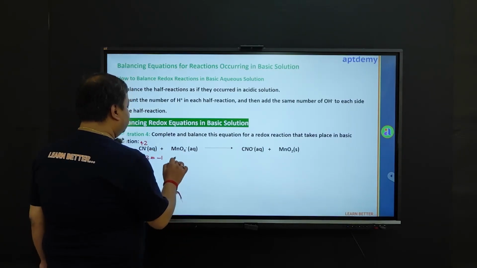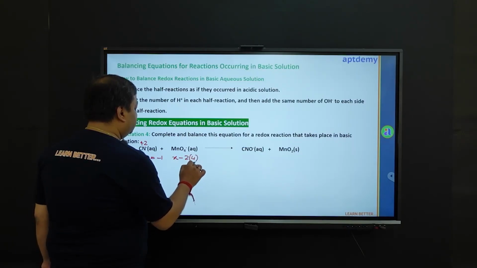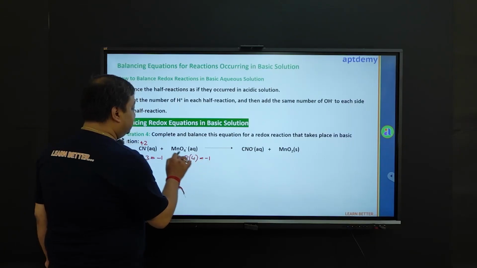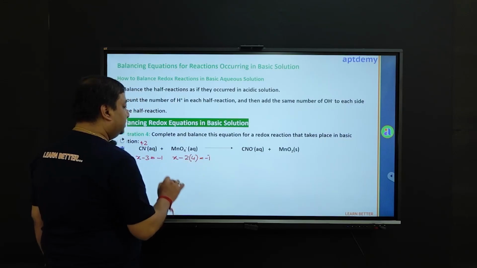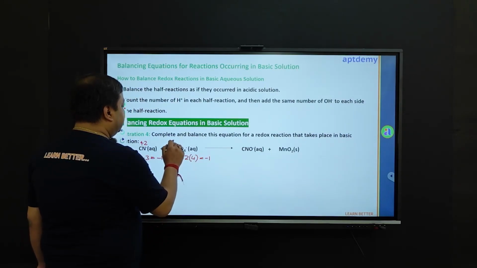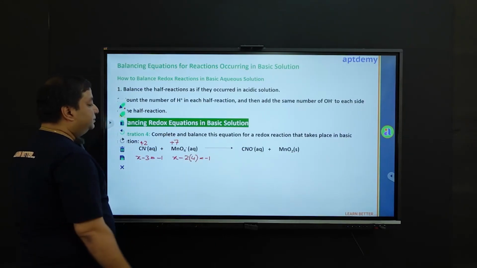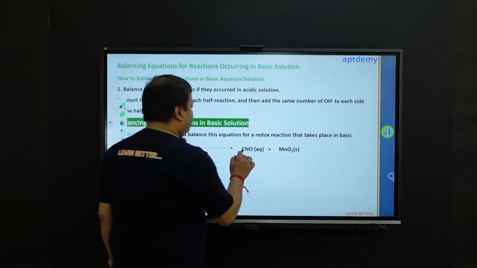For MnO4 minus, if we take Mn to be X, and this will be -2 times 4, and then since it is MnO4 minus, that minus is written over here. So now we say that Mn in MnO4 minus is in the +7 oxidation state. What about here?